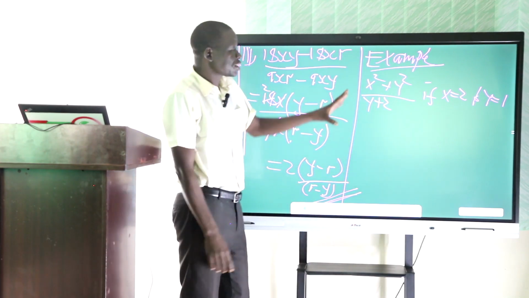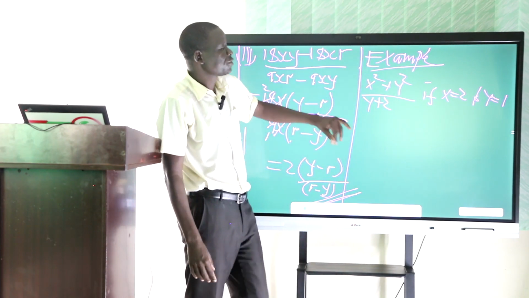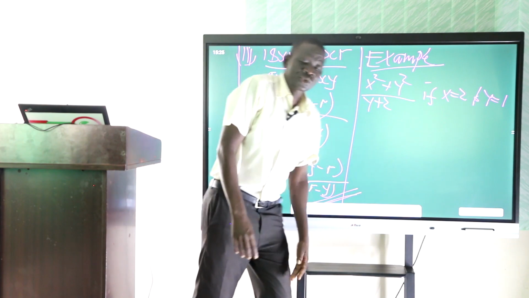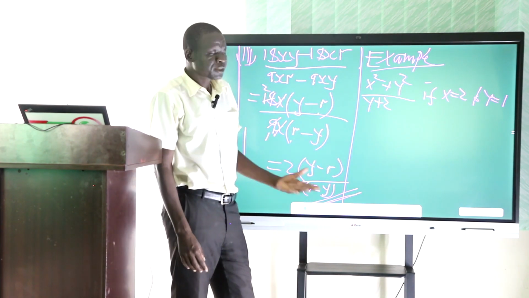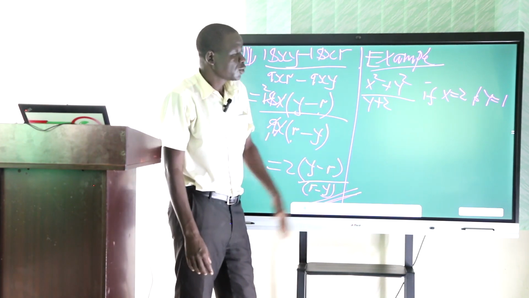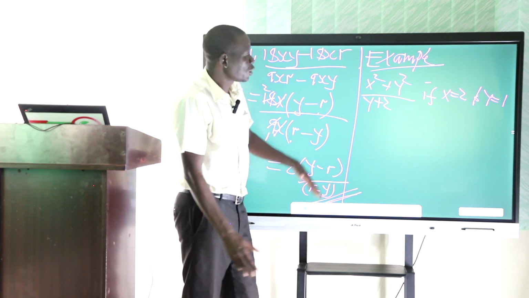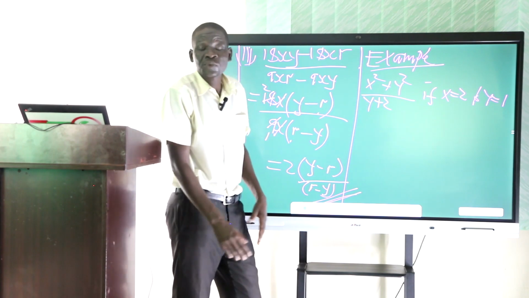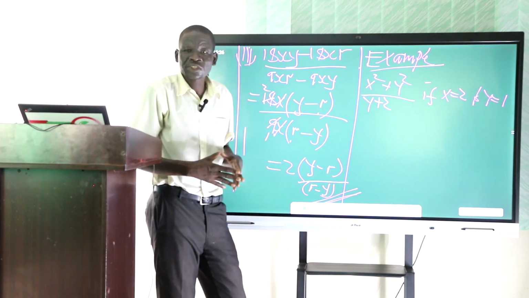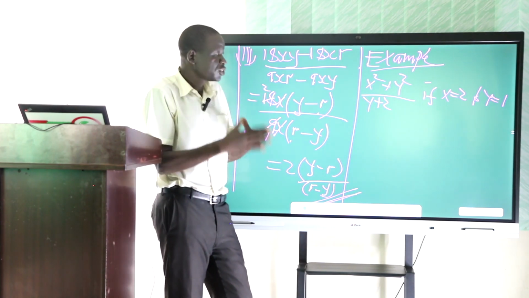So they want us to evaluate this expression if x is equal to 2 and y is equal to 1. Here we substitute. Where there is x, we put 2. Where there is y, we put 1. So when we do that, it means we have carried out the process of what we call substitution.